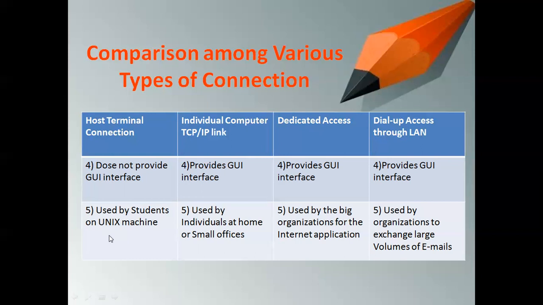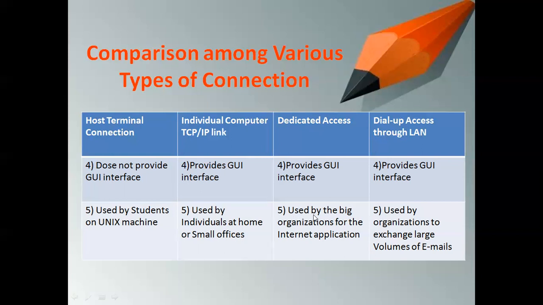In olden times, college and student access was with the help of Unix, but it is black and white, without color. Next, the individual TCP/IP link connection is used by an individual person at home or in small offices. This is also an older connection. Nowadays nobody is using this type of connection; it was used 10, 12 years ago.